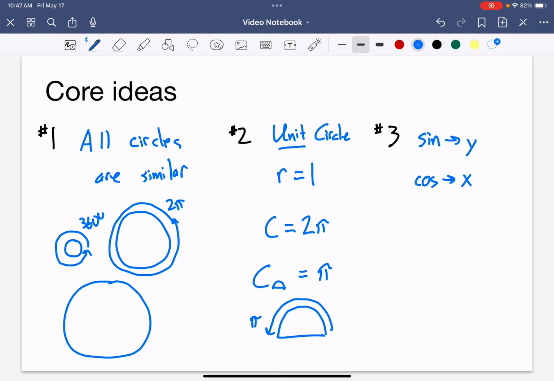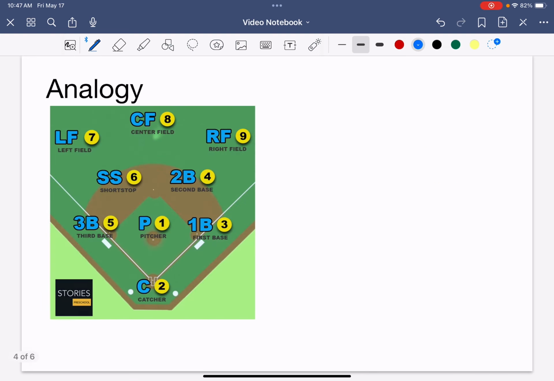Before we go any further into what the unit circle is, I want to make an analogy. With the unit circle, we want to be familiar with certain positions on a circle and what the values are at those positions. To me, it's a lot like the positions in baseball.